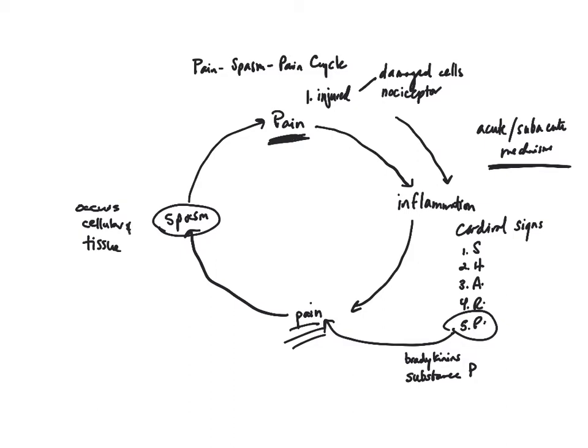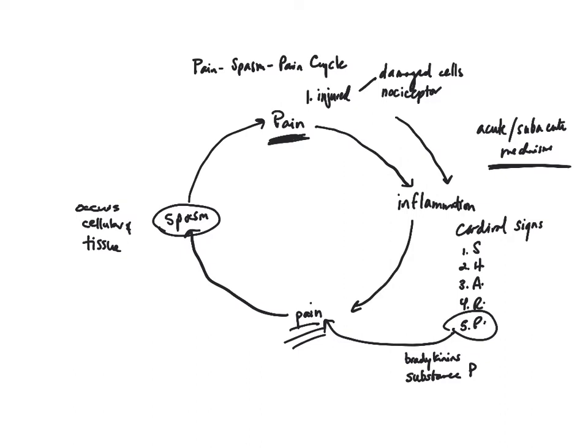If it's a ligament sprain, the cellular tissue that makes up your ligaments will go into this spasm. That means that they're contracting. When they're contracting, that means they're tightening up. Think about when you contract your muscle: you tighten it up.